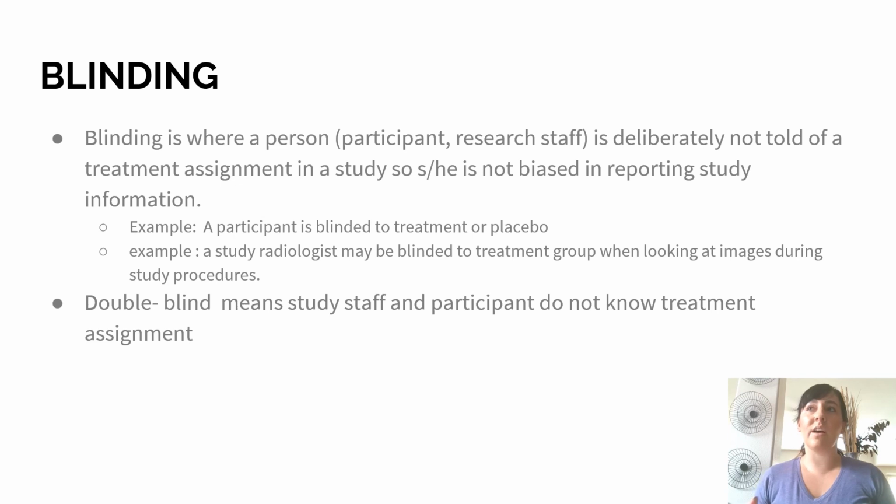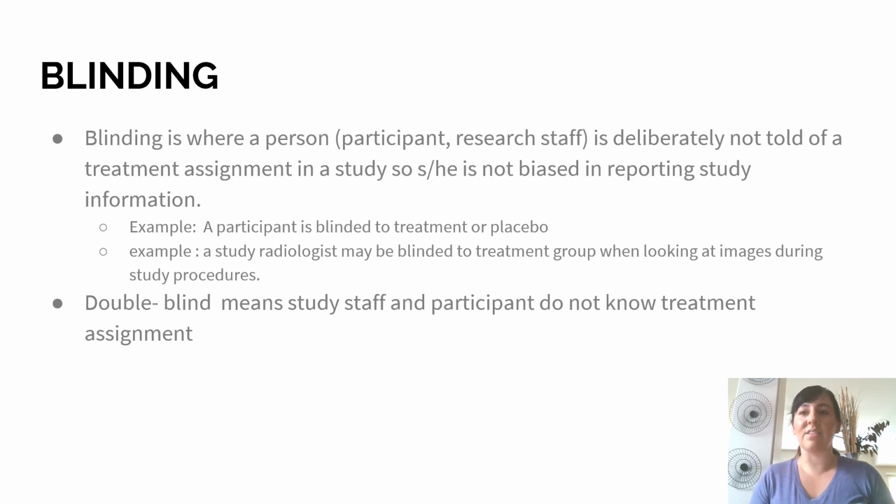It's also maybe the physicians that you are working with that are studying the participants. Sometimes, maybe a neurologist and a radiologist both have to take measurements of the participants throughout the study, and the researchers might not want the neurologist and the radiologist to be able to communicate with each other and talk about their opinions about the participants.